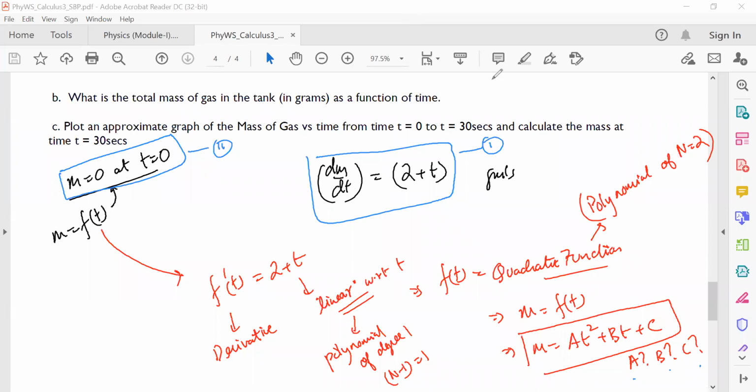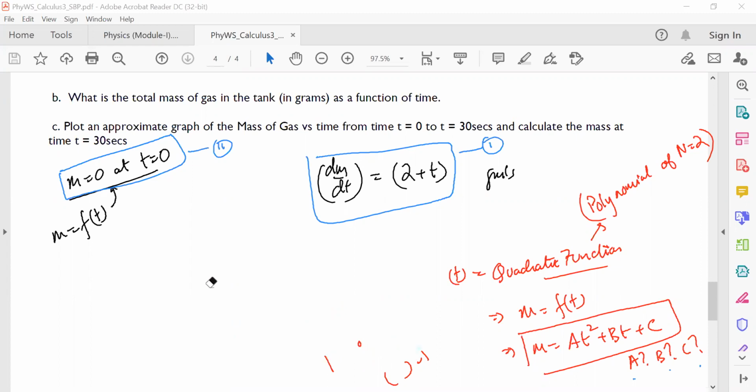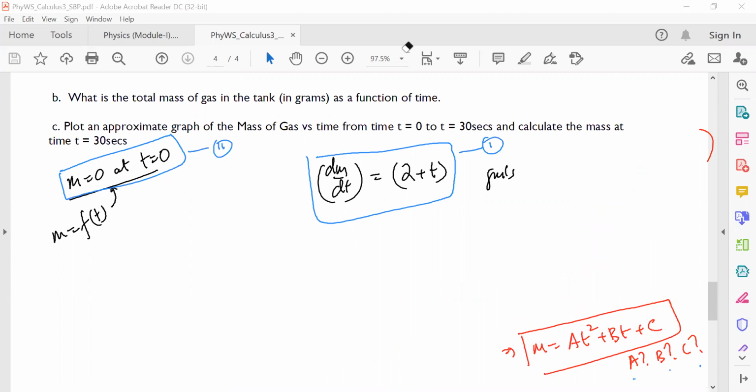Okay, so let's see how we'll use these conditions now. From this, we'll get dm by dt as the differentiation of this. So just differentiate this, treating a, b, and c as constants.